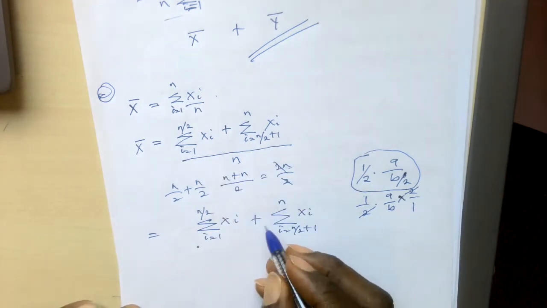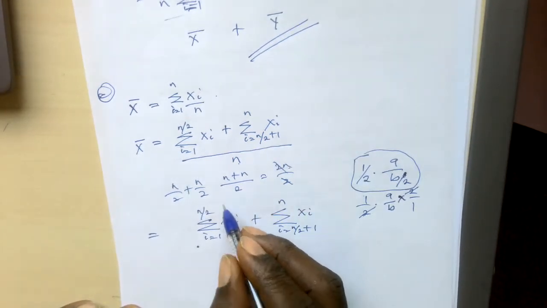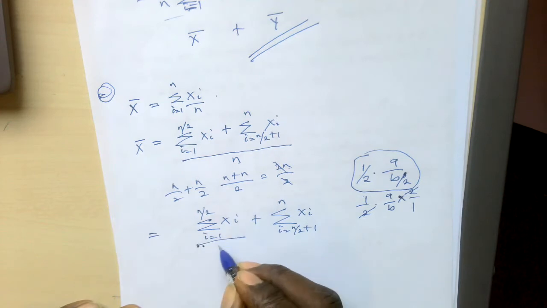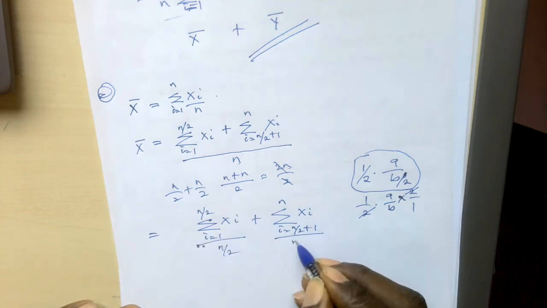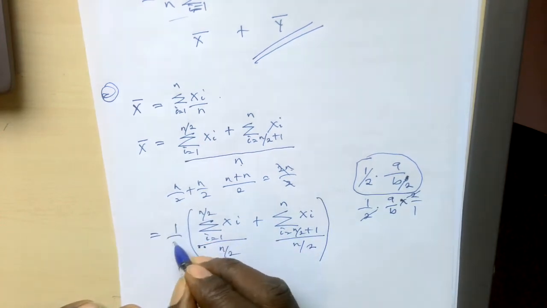So here, if you divide this by 2, you end up having the whole of this over n over 2, and the whole of this over n over 2, then times 1/2.